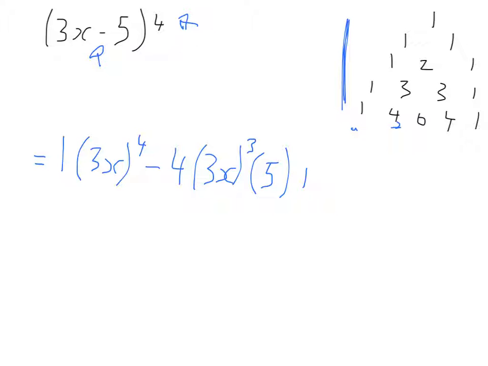Alternate our operations, so now it's a plus, and the next coefficient, which is 6, and we then have our first term, 3x, raised to the power of 2, so it's gone down by a power, and the second term, 5, raised to the power of 2, it's gone up by 1.